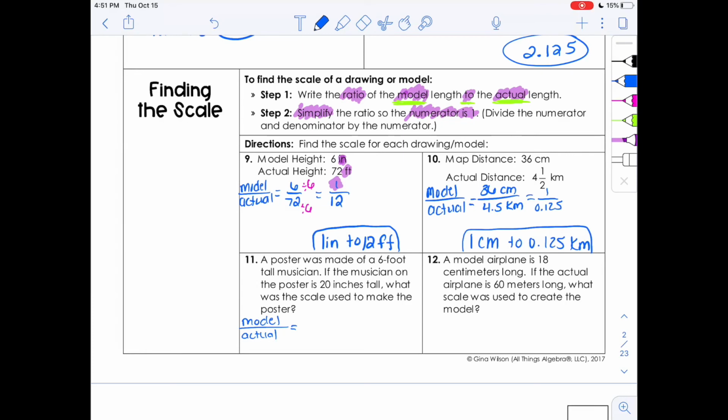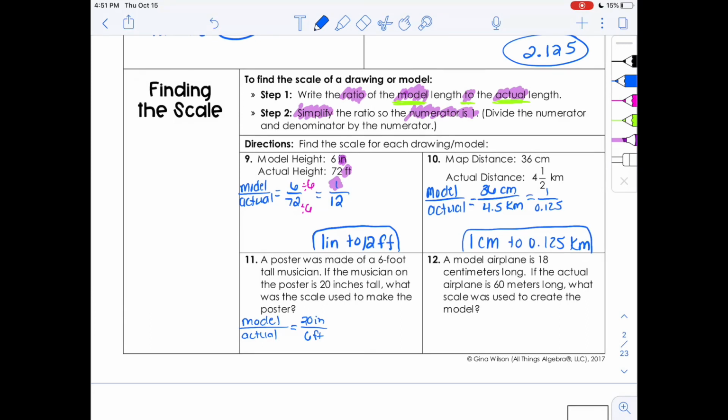The model is 20 inches and the actual is 6 feet. Because that's what would make sense. It's a person, it's a musician. And a person wouldn't be 20 inches tall. The person in actual real life would be 6 feet tall. And then we're going to simplify this all the way down.